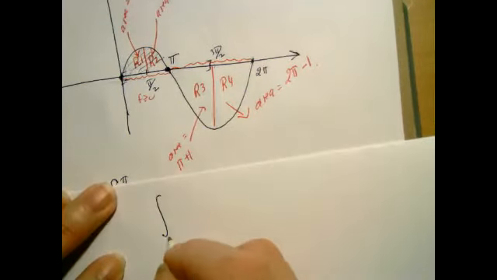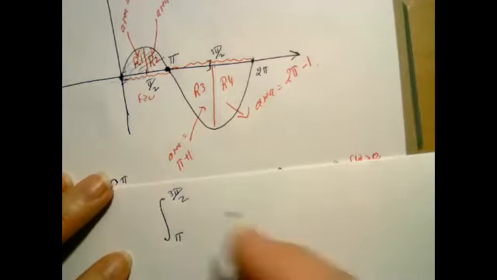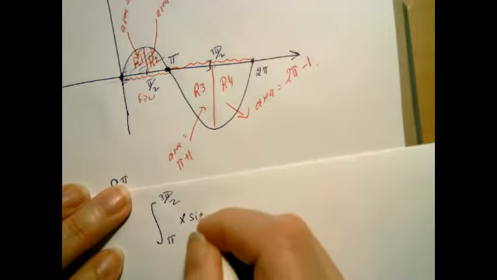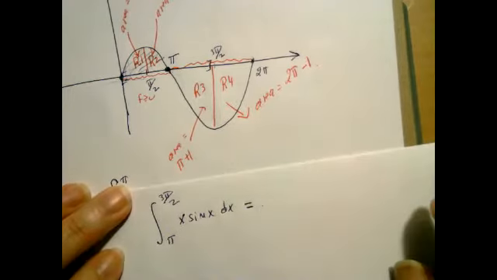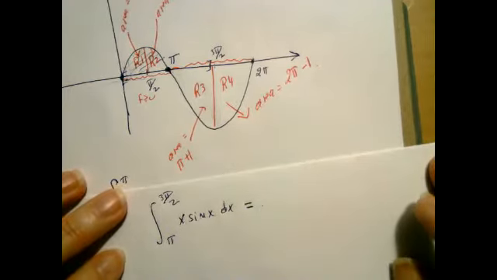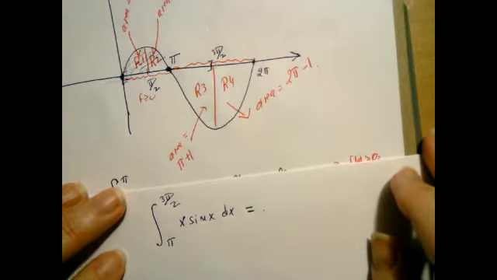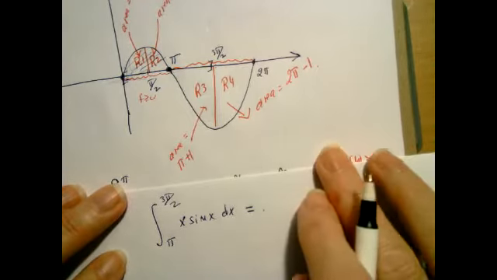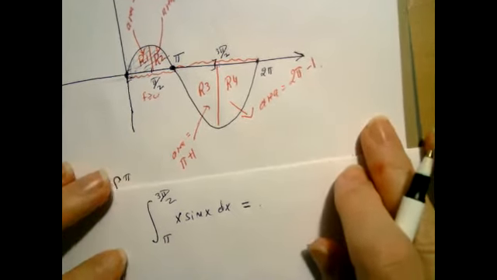I want the integral from pi to 3 pi over 2, x sine x. Yes, the answer to the question in the chat is yes. But I want the answer to the question I'm asking.